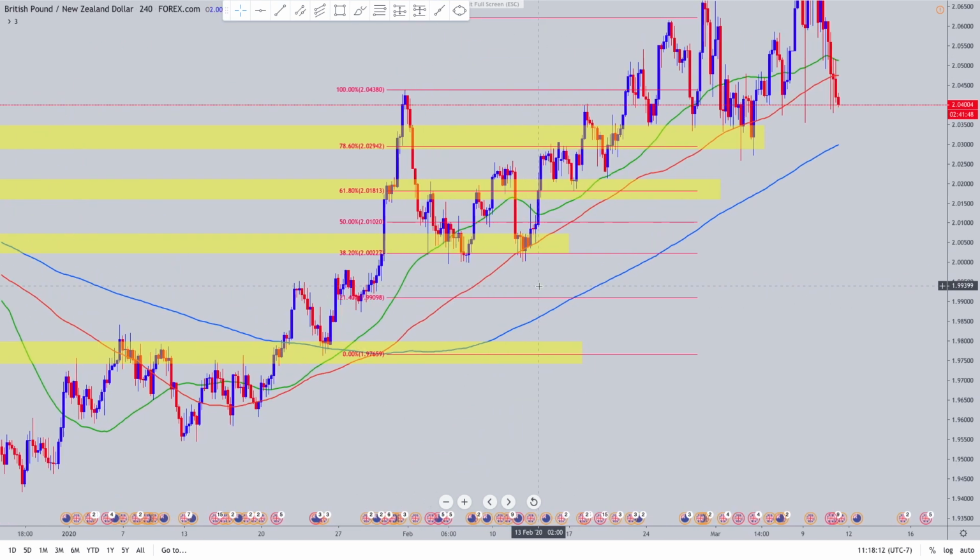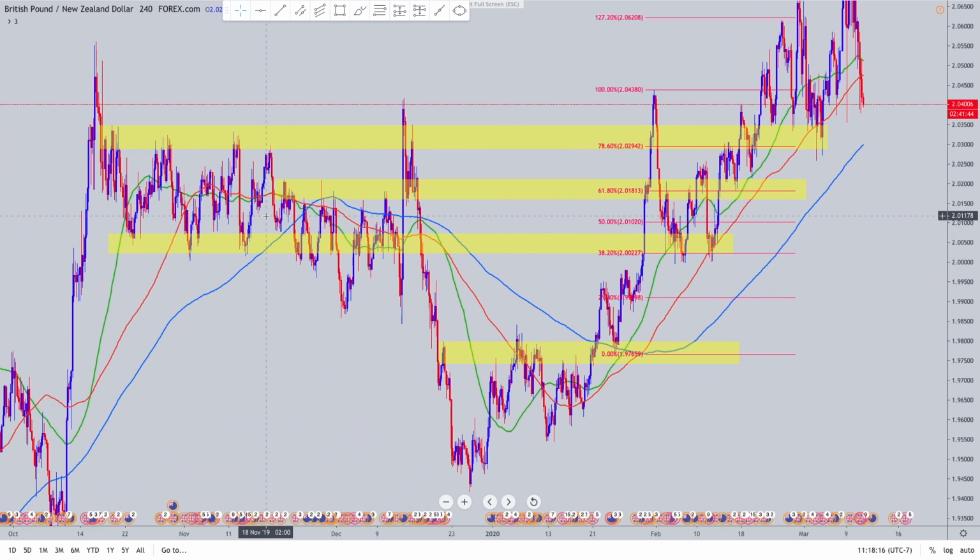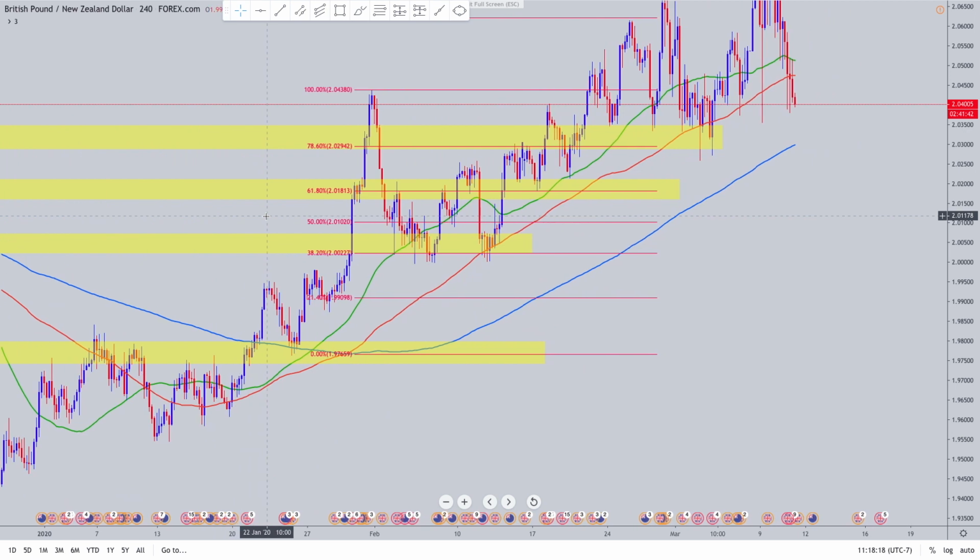And as you see here, like I mentioned previously, you want to match these levels up with other areas of confluence. So like here, it bounced off the 50, and it actually bounced almost 100 pips.